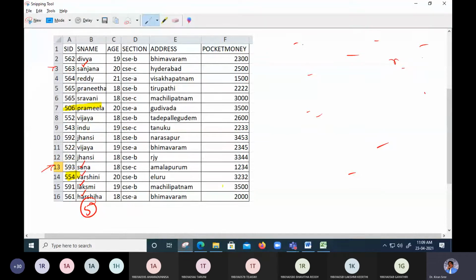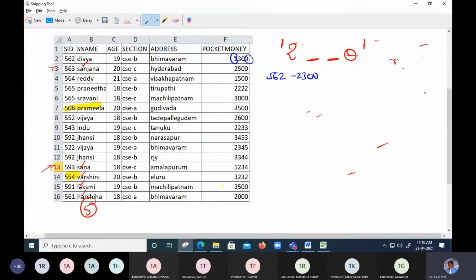So now the first character should be 2, then dash dash, then 0. So the first character should be 2, the last character should be 0. So it is going to be 562, 2300.